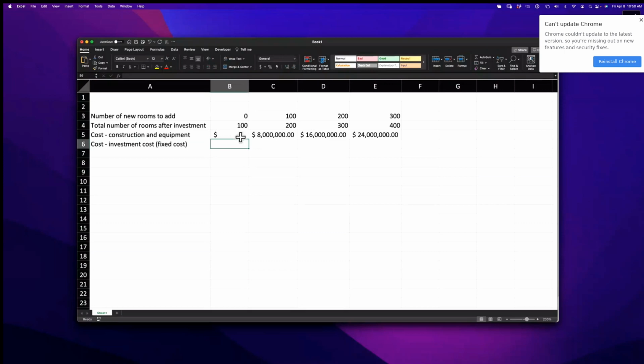So if you don't add any rooms, it's going to be 0. But if you add rooms, it's going to be 3 million. We can copy that and make all those monetary. That's our fixed cost.